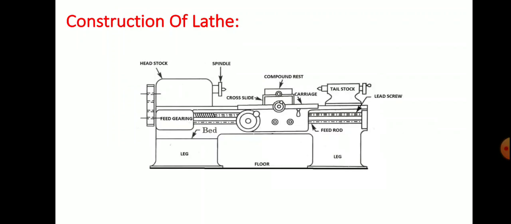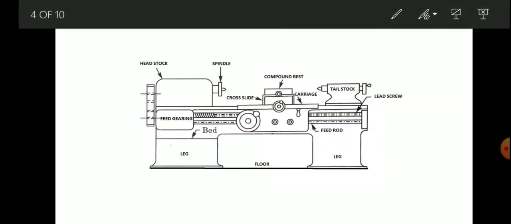So let us see the construction of lathe machine. Here we can see a simple sketch of lathe machine which consists of a bed, onto which it consists of headstock and it is connected to spindle.